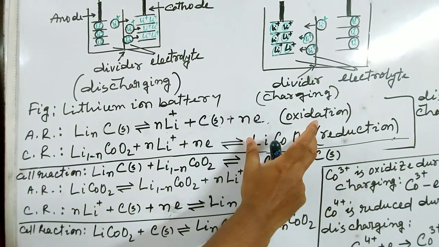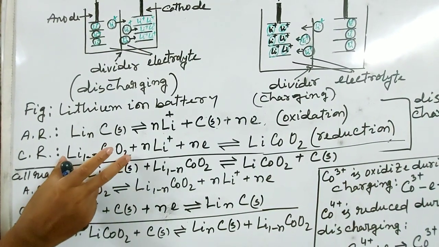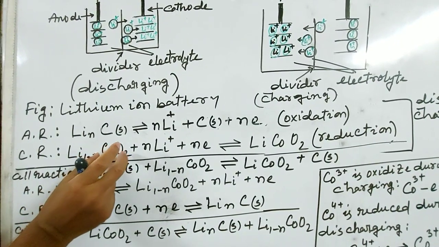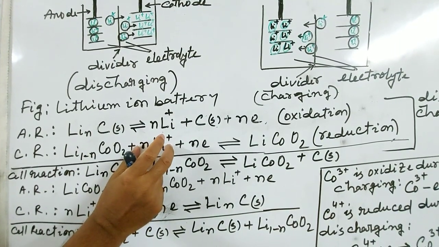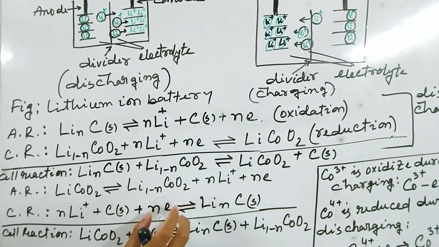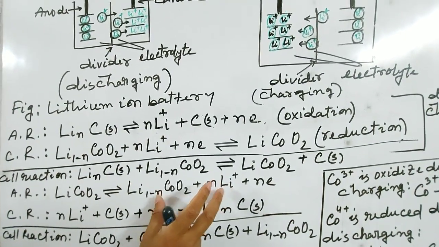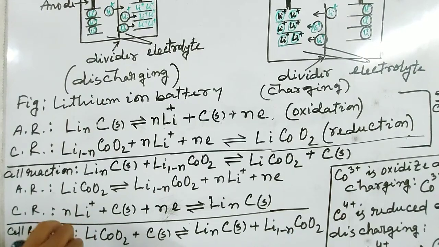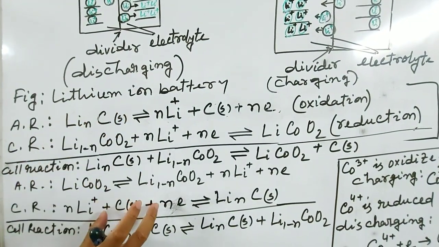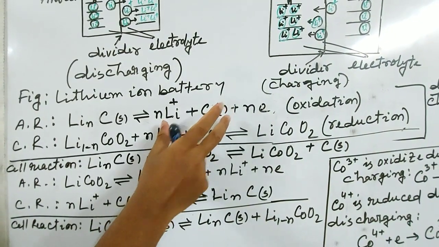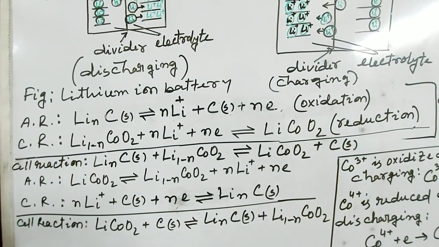The product lithium cobalt oxide will be reactant, and the reactants lithium 1 minus n CoO2 plus n mole of lithium ion plus n mole of electrons will be the product at the anode. And again, the reaction in the anode will be at the cathode. The products will be reactants and the reactants will be products during the charging.